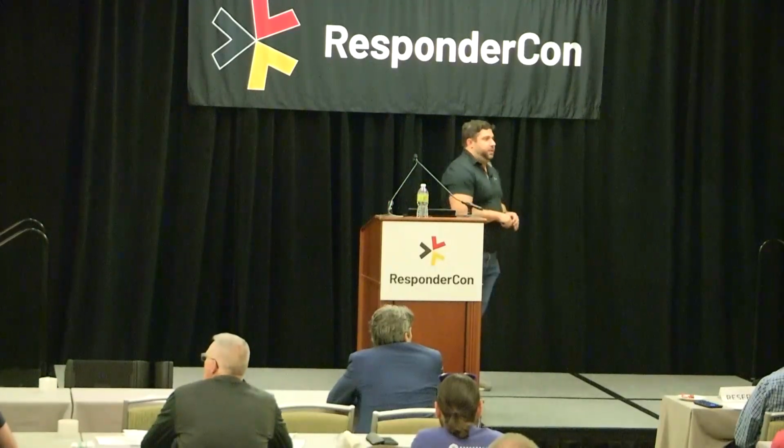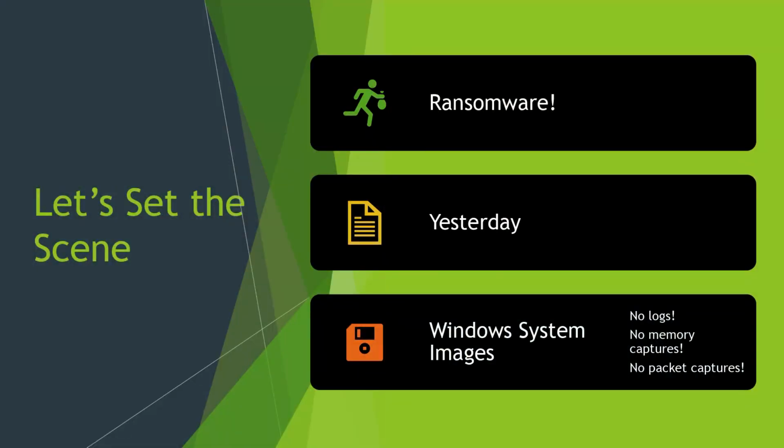So let's set the scene for what we're going to talk about today. You just got a new case. It's ransomware. It's your first one. You're talking on the phone. The panicked voices on the other end say that they need answers yesterday. So you get off the phone. You're like, I'm going to start on this right now. You go and you look at the data that was collected for you. And it turns out you've got a ton of Windows system images.